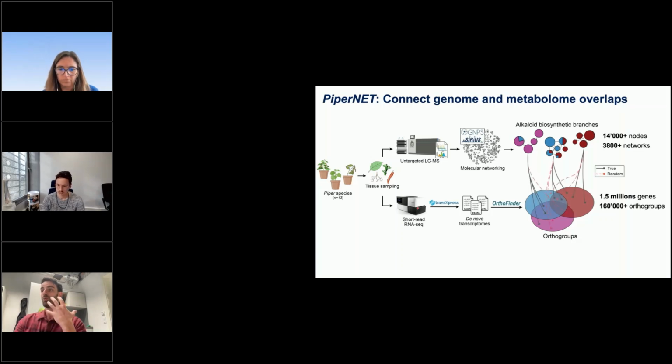And so what we would like to have at this point is a way to automatically connect each alkaloid branch to the corresponding group of biosynthetic genes in a data-driven manner. And as you can tell from the numbers on the slide, we're dealing with quite massive data sets, like 14,000 different nodes, almost 4,000 networks for the metabolomics data, and almost 1.5 million genes for the RNA sequencing data.